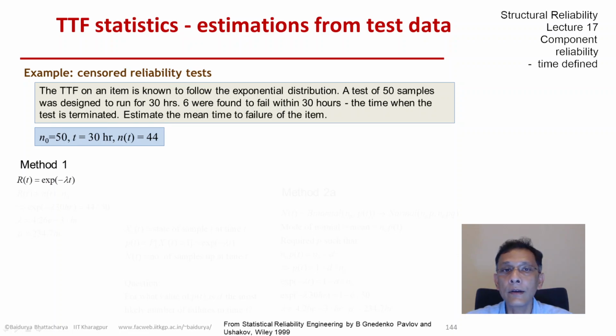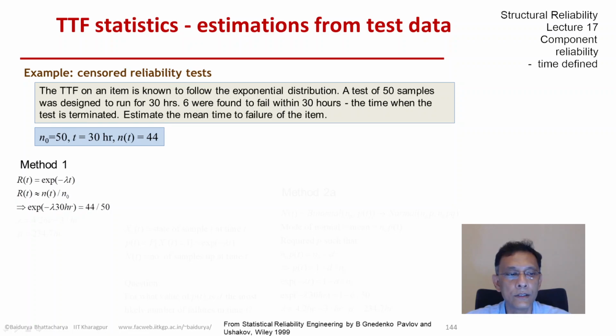So we can write the reliability function, which is exponential minus lambda t. Lambda is the parameter of the distribution. And we can also estimate the reliability as the fraction surviving, so n of t over n0. Now we could relate the two, the theoretical value of the reliability and the observed value of the reliability. And again, just a point estimate, not going through any more sophisticated methods of likelihood or interval estimates.